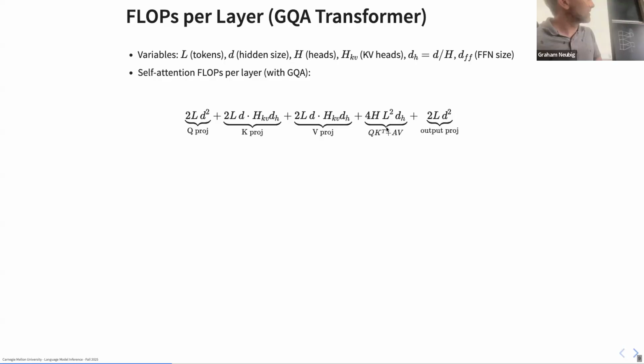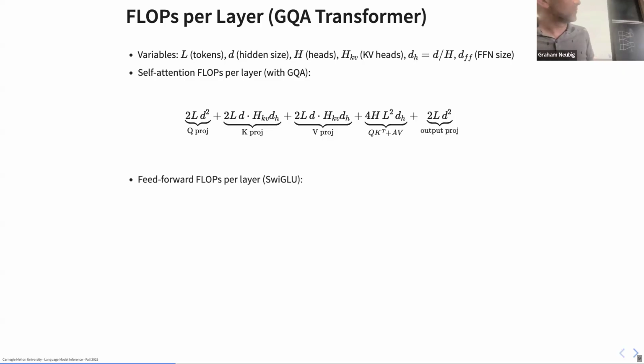This is the quadratic component, and then you have the output projection here. So you can split this into a component that grows quadratically as the sequence length gets longer, and the other components, which are basically linear in the sequence length.